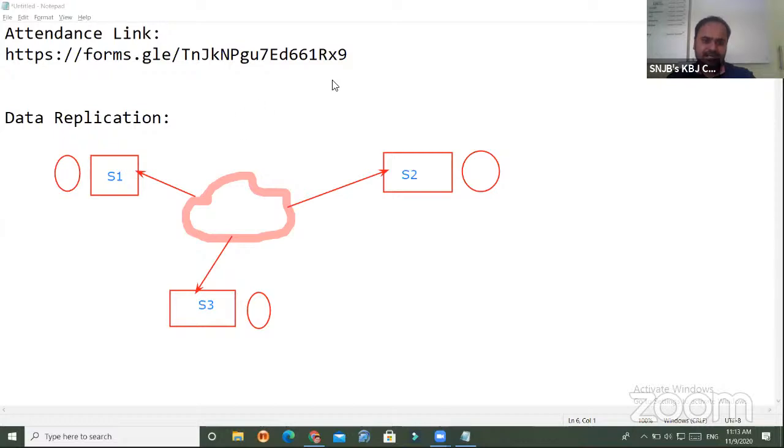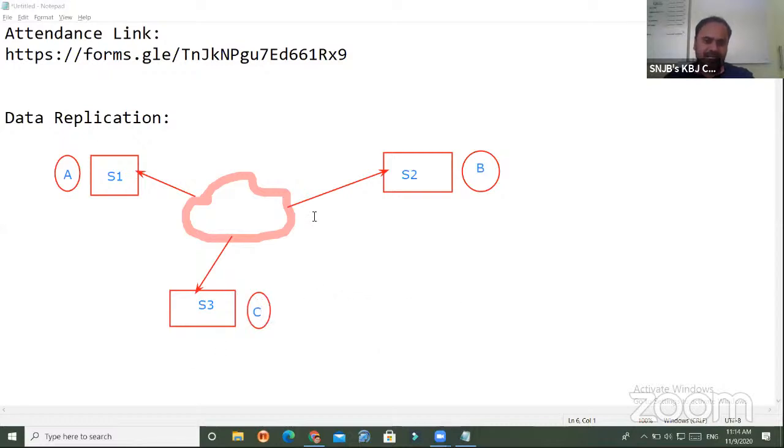Suppose this database is known as A, this one is B, and this one is C. We have three databases with us: A, B, and C.